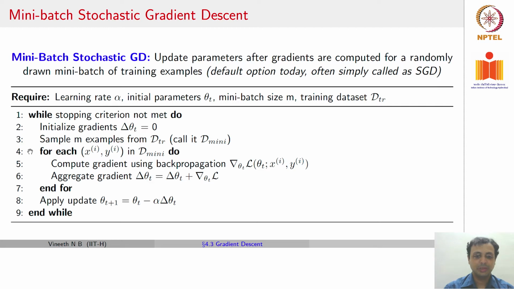So algorithmically speaking, the parameter update once again went out of the loop, but this time you're not going to aggregate gradients for the entire training data set, but only for one mini batch, which you denote as B mini, and you're only going to aggregate and average the gradient for that mini batch in the algorithm.